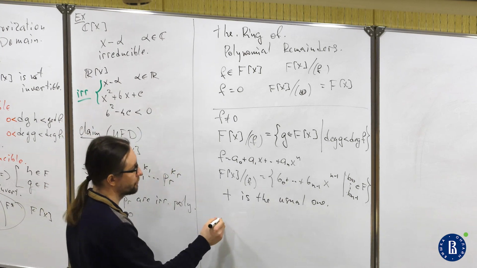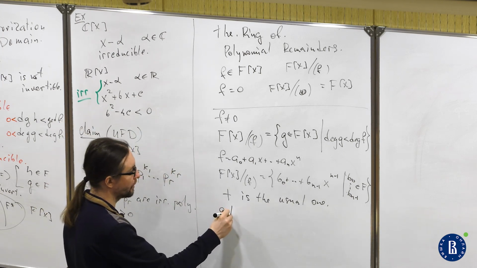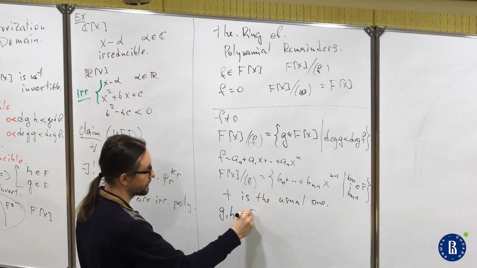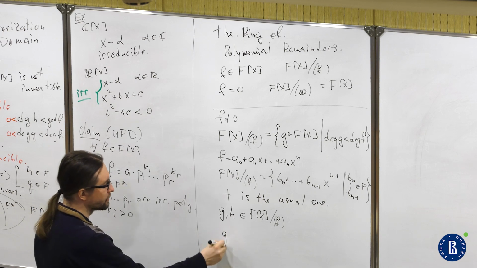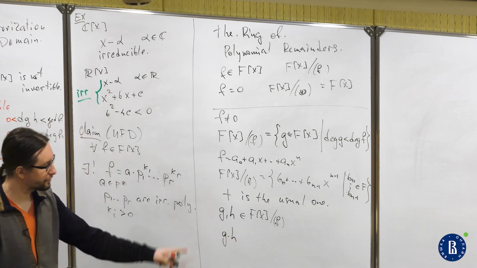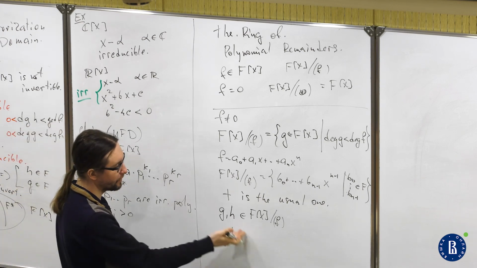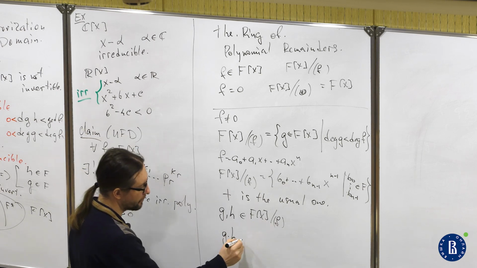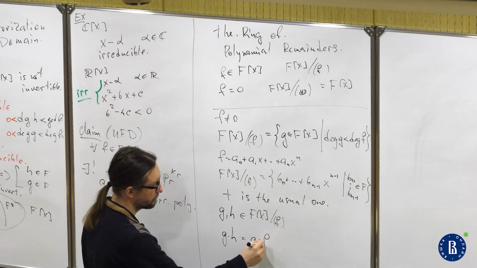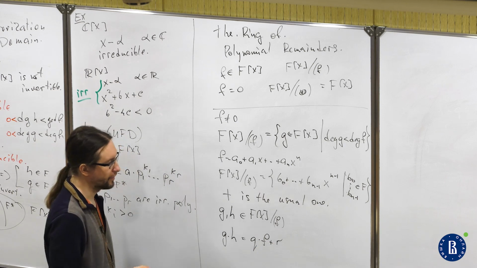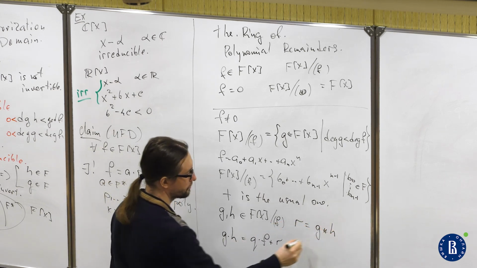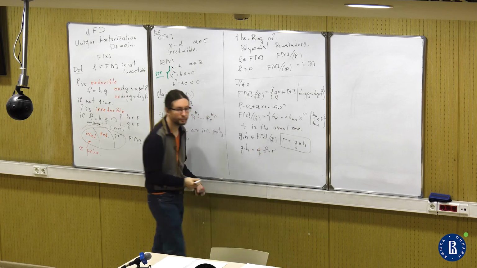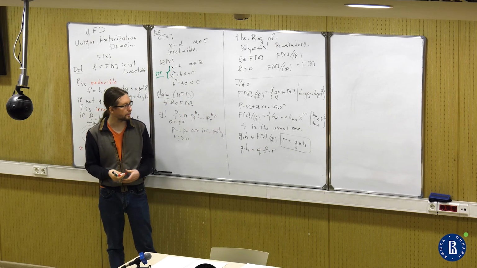So if we have g and h from this set, then we multiply them, and after that, we divide the product by f with the remainder. Then, by definition, R is the result of the product. So this is how the product works in this ring.